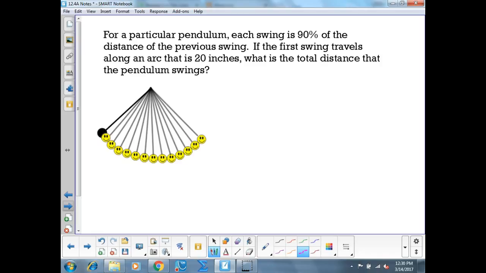Now, what might help you is to draw out the first few swings. Okay? So let's do that. In the first swing, it travels along an arc that is 20 inches long.